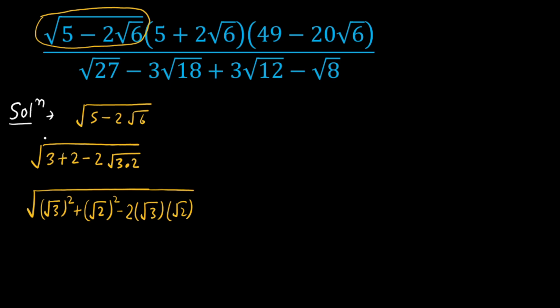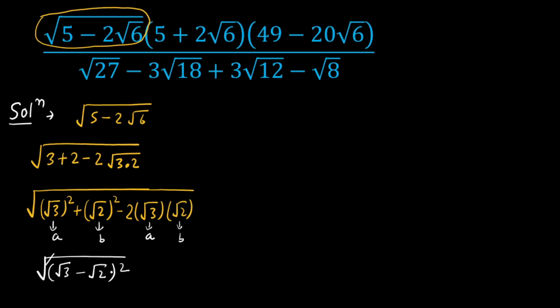Now if this square root of 3 is A and this square root of 2 is B, then here we have A square plus B square minus 2 times AB, and we know that A square plus B square minus 2 times AB is A minus B whole square. Then here square root of A, that is square root of 3, minus B, that is square root of 2, bracket power 2.